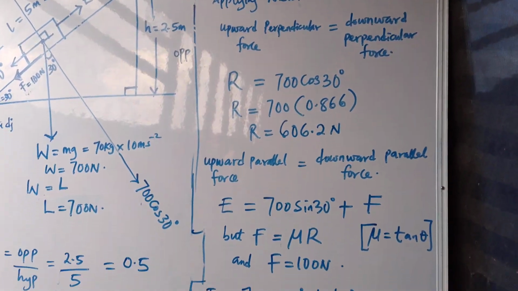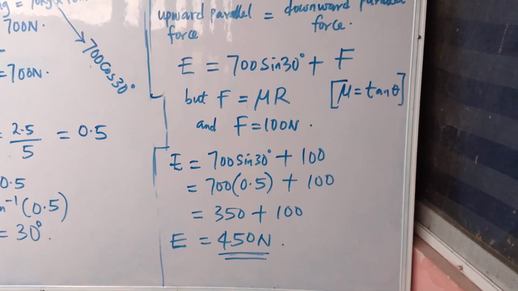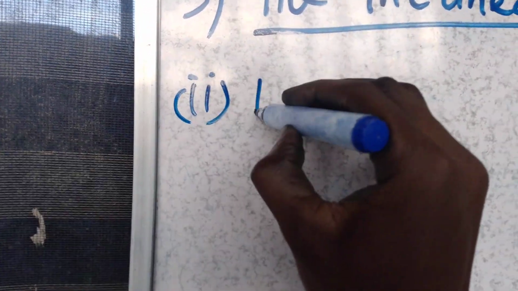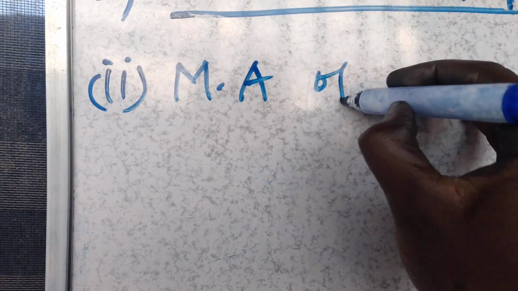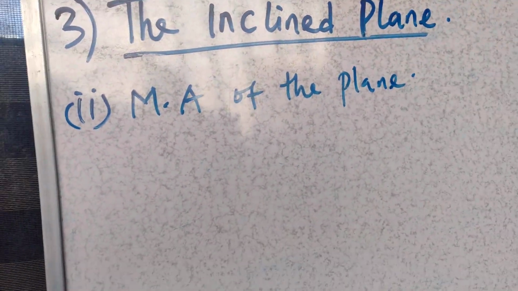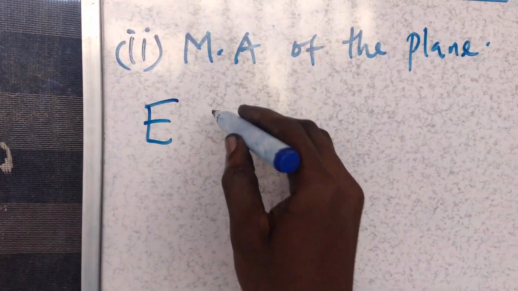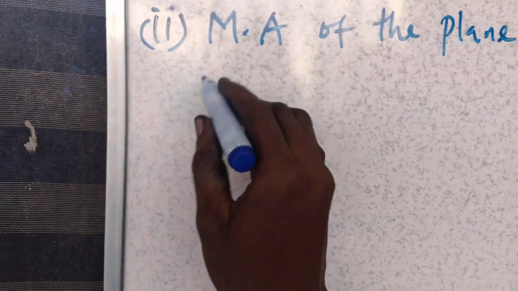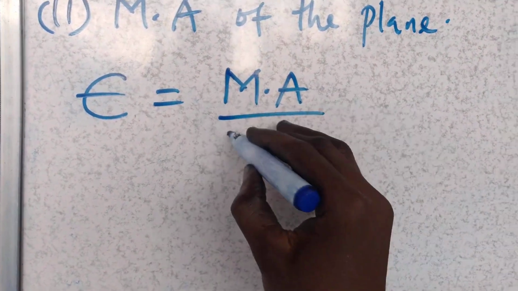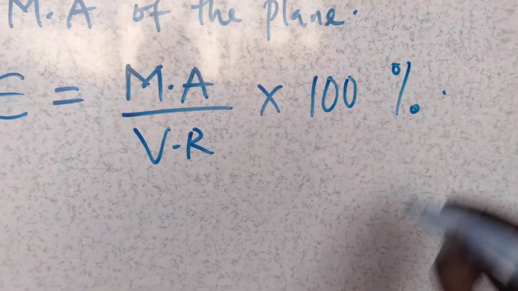So this was everything we did and how we arrived at the effort as 450 Newton. Now the next thing we should solve is the mechanical advantage of the plane. Now we know that efficiency E is equal to mechanical advantage over velocity ratio times 100, measured in percentage.